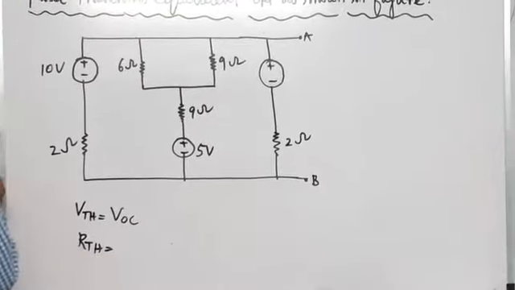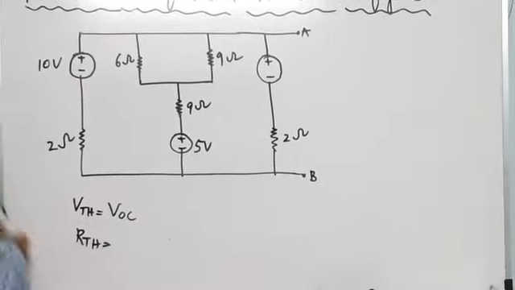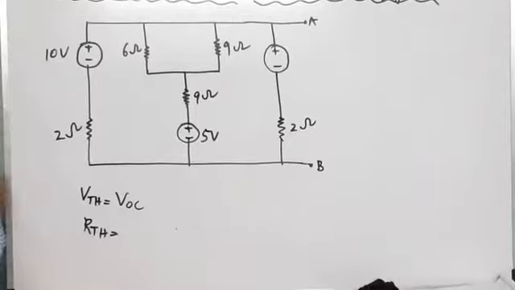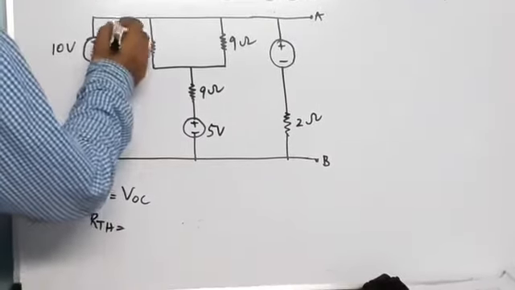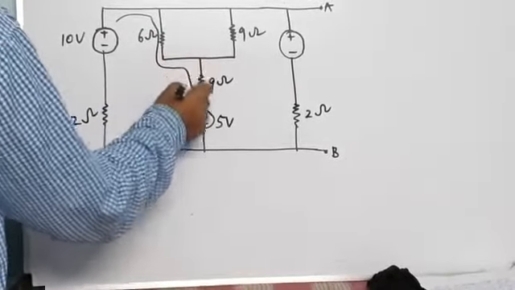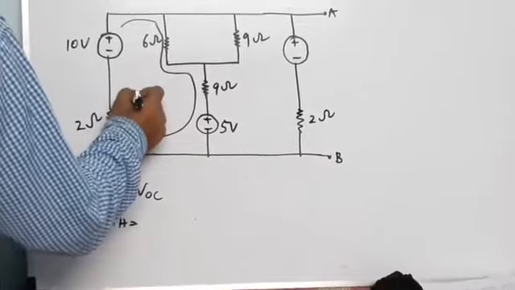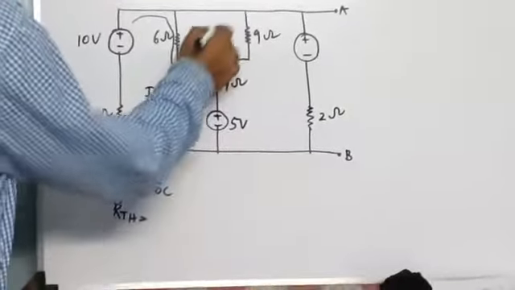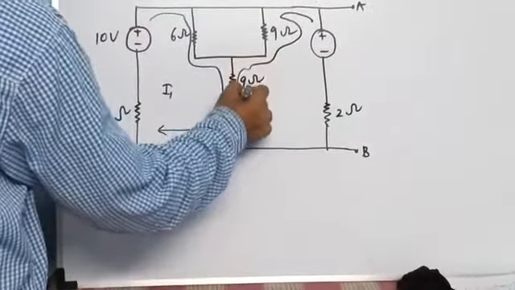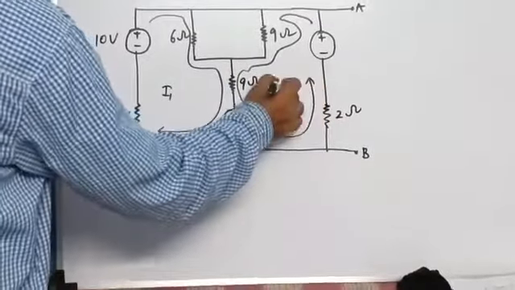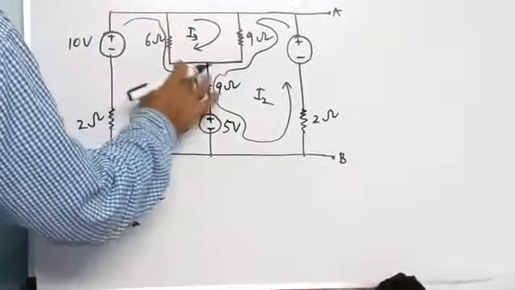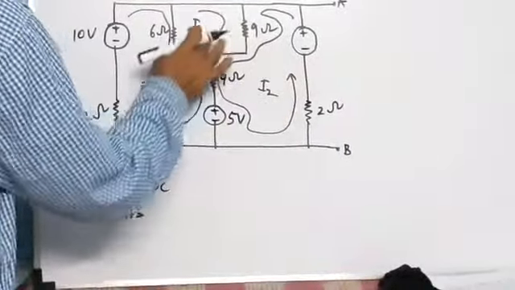Now once again, first I will find VTH in this circuit. So we want to give the directions of current first. Carefully see my direction of current. This is I1 and this is I2 and this is I3, because this is one loop, this is the second loop, this is the third loop.